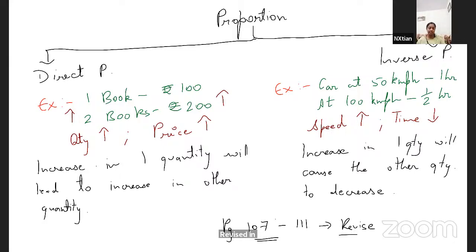There are some questions related to what we studied today. Some parts where you have to calculate the ratio, and some parts where you have to calculate the proportion. The proportion part is smaller.